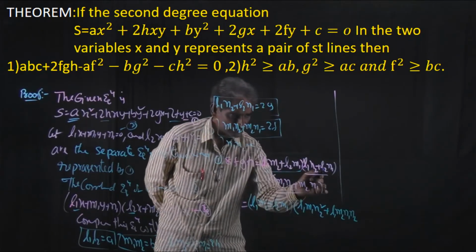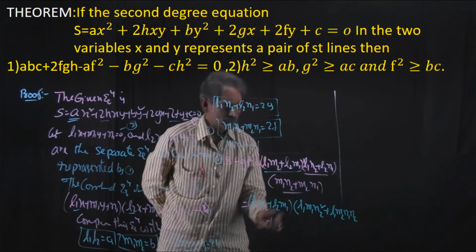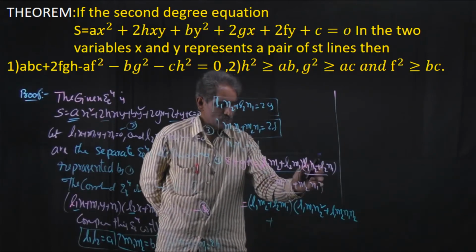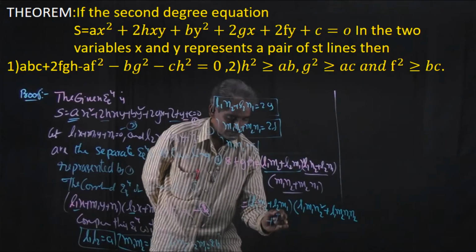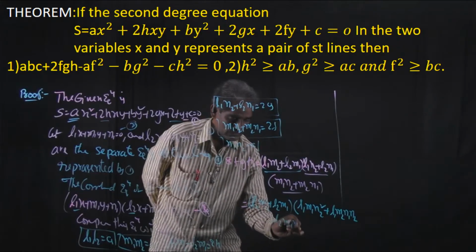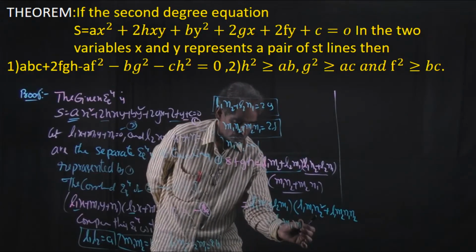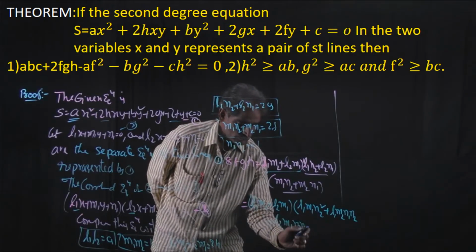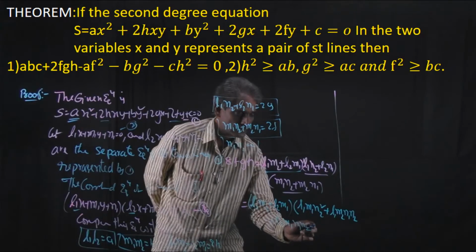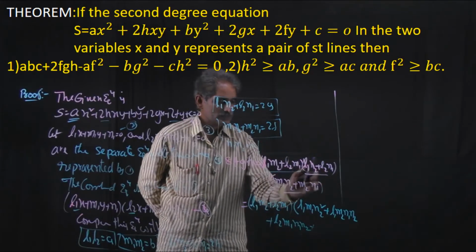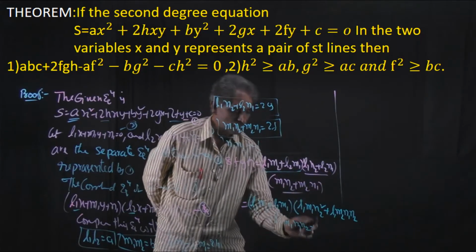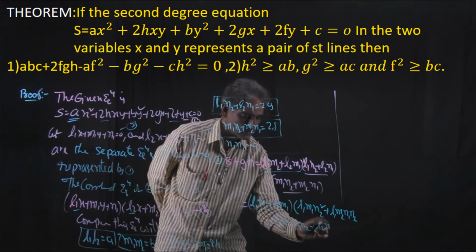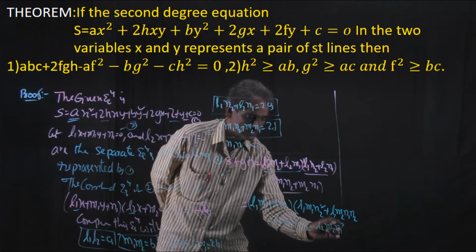Next, after that with L2 N1 plus L2 M1 N1 N2, L2 M1 N1 N2. Next, the last one is L2 M2 N1 square.